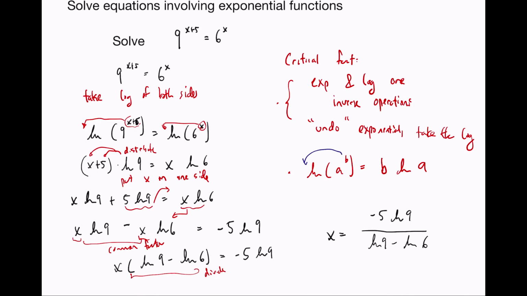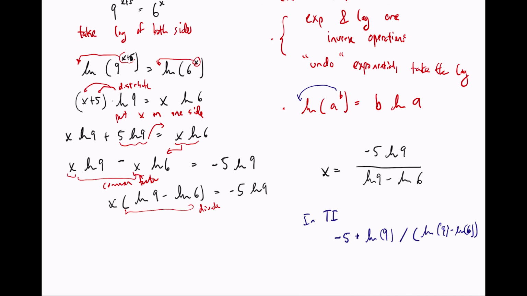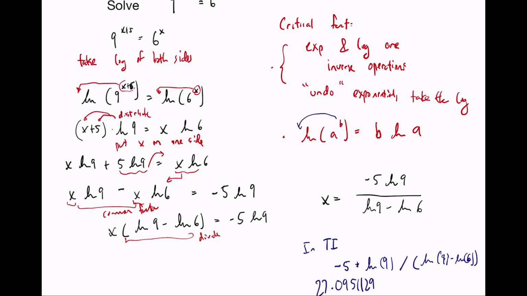And so if I was going to plug this into my TI, I would plug it in as minus 5 times natural log of 9 divided by, open a paren, natural log of 9 minus natural log of 6. And I get the answer is 27.0951129.